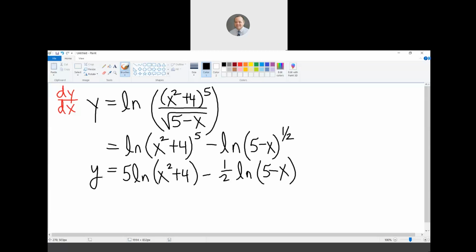Now recall from lesson 12, I believe, implicit differentiation. The derivative of y is just 1, but because we're taking the derivative of y with respect to x, we have a dy dx over here.